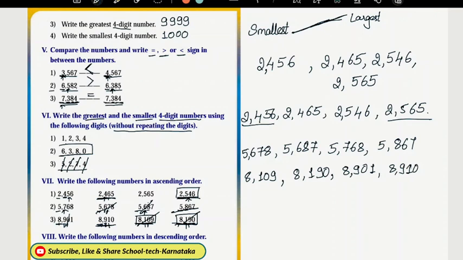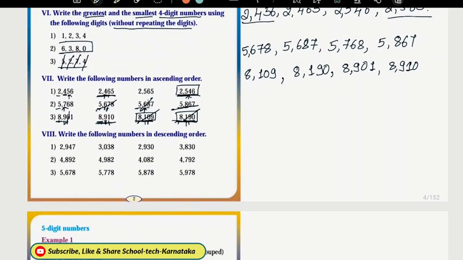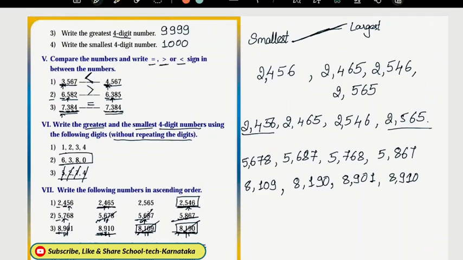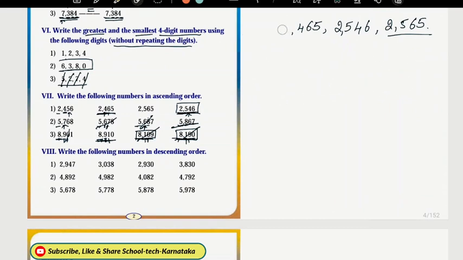So similarly, we need to write the given numbers in descending order. How do we write the numbers in descending order?